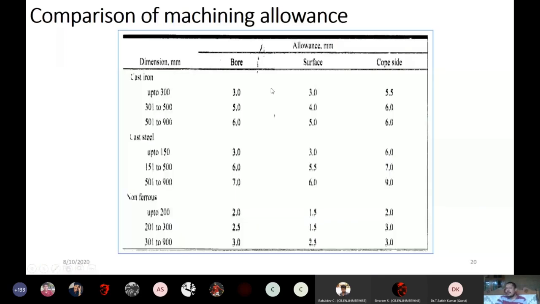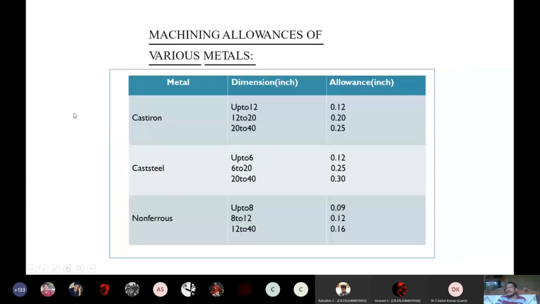Wherever you are using it, it is going to vary. So for cast iron, we can see how the allowance has to be provided as the dimensions vary. It is again based on what finish you have to achieve, whether a normal finish or a super finish. In all those conditions, you have to provide that additional material on the pattern.